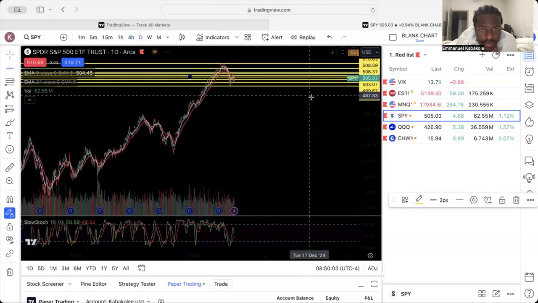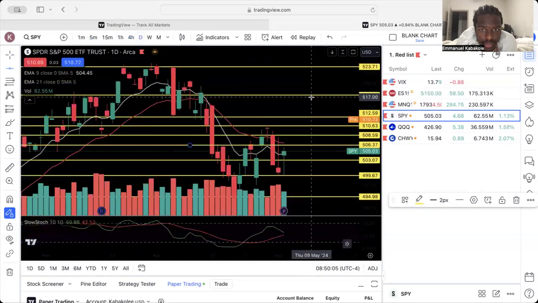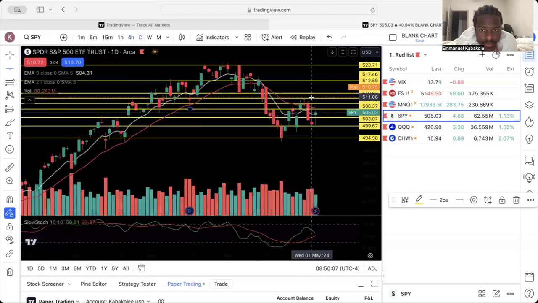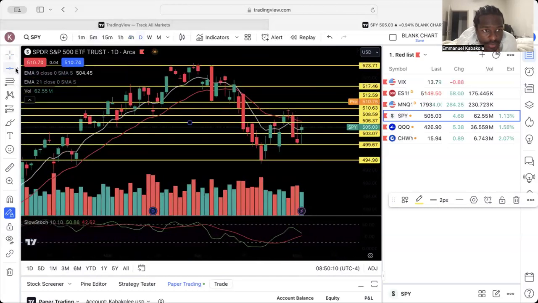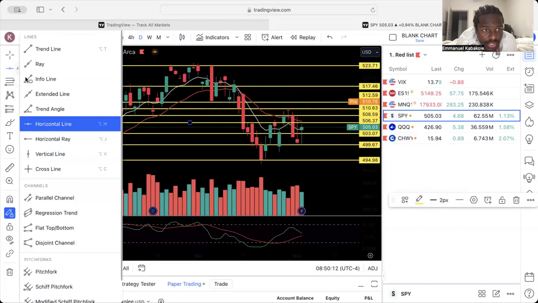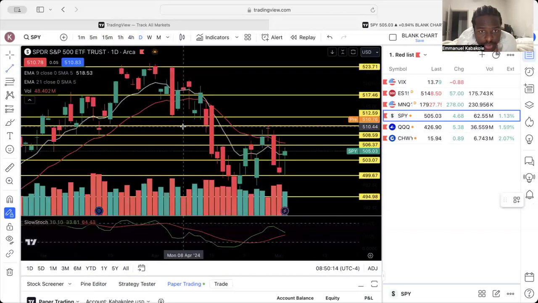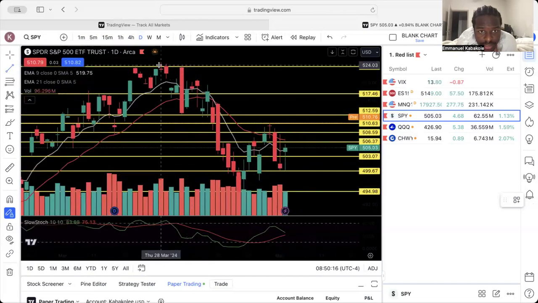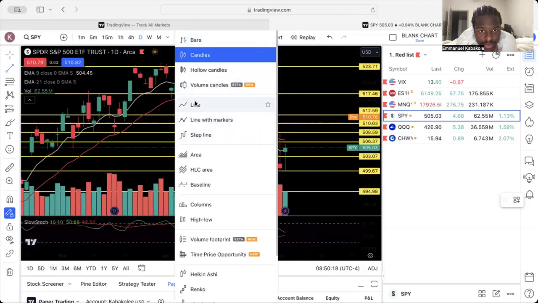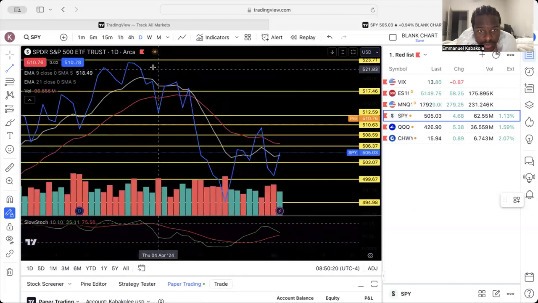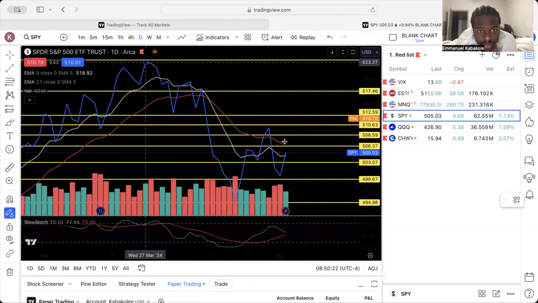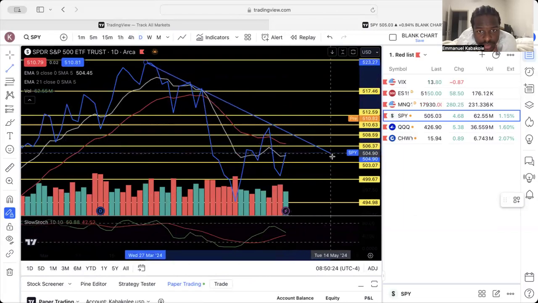If I go on the daily and I draw this trend line here, there's a few trend lines I'm about to draw. First one are these highs. Sometimes I do this to make it a little easier on me. I'll probably start up here and draw these highs like this, just to connect every single one.